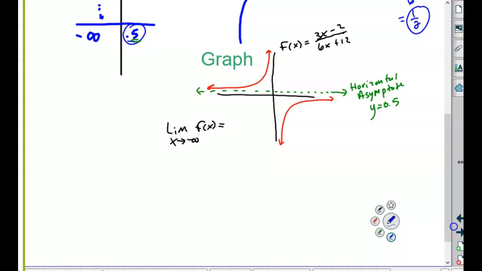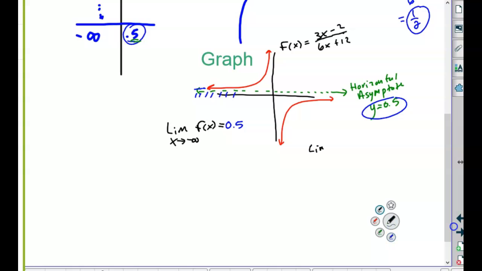So as x goes to negative infinity, that's really, really far left. We know that this graph is going to get closer and closer to the line of y equals 0.5, which is why the limit is 0.5.